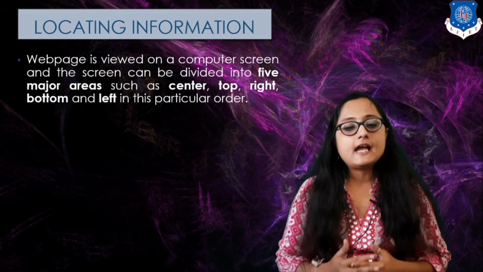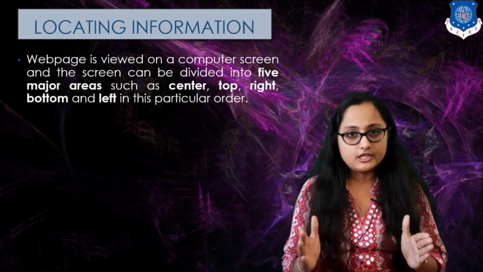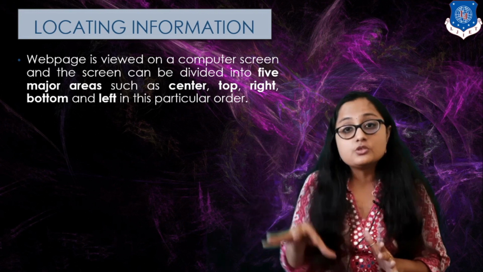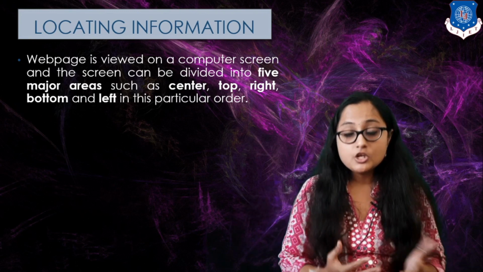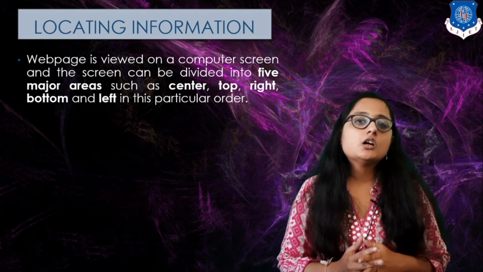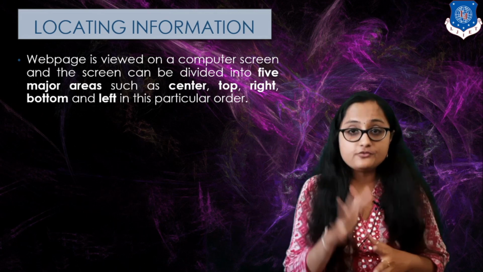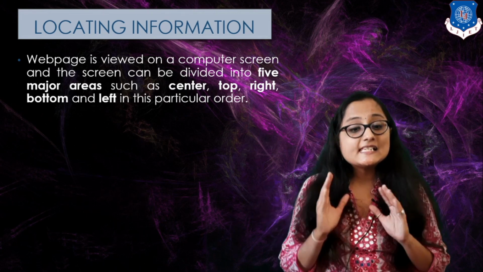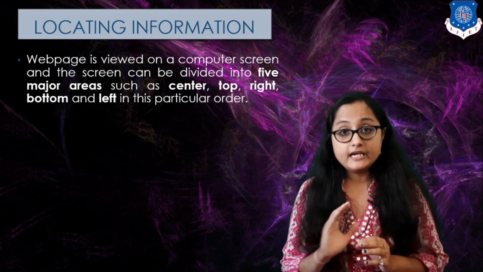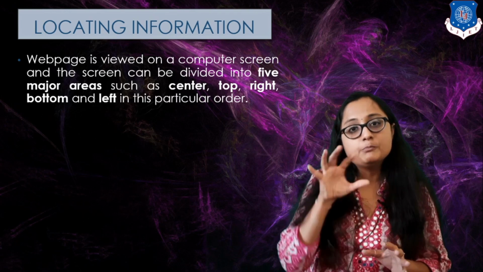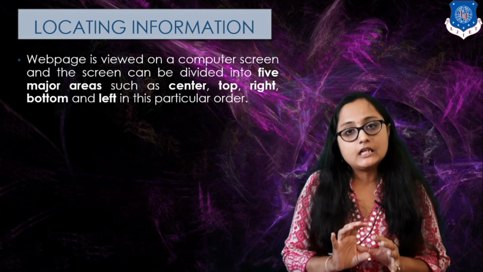Let us see, if you have a computer screen, what are the major areas into which it can be divided. Web designers have divided the computer screen into 5 major areas, as you can see: center, top, right, left and bottom, right? And the importance follows this particular order.